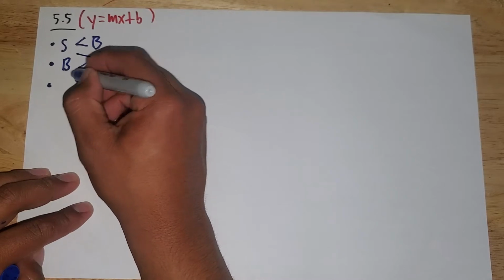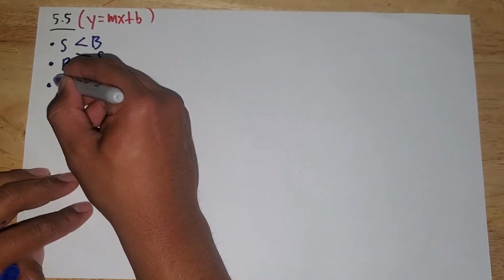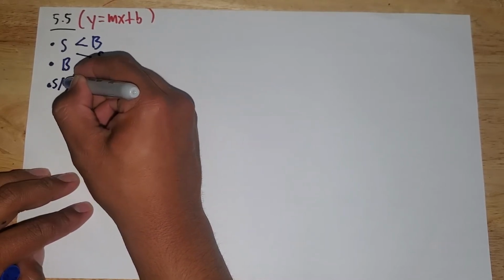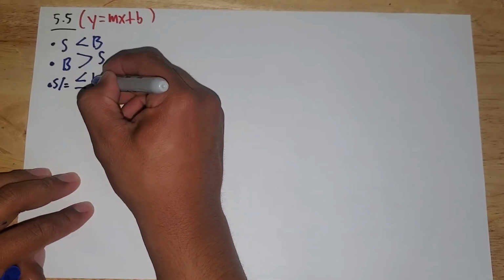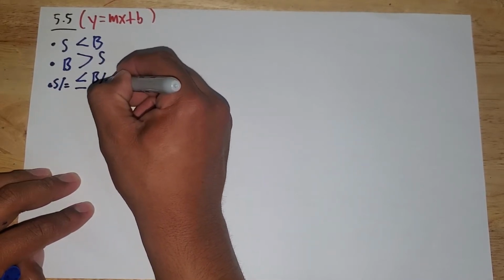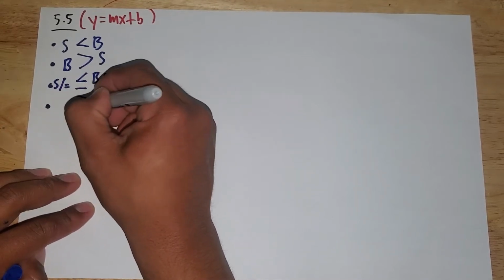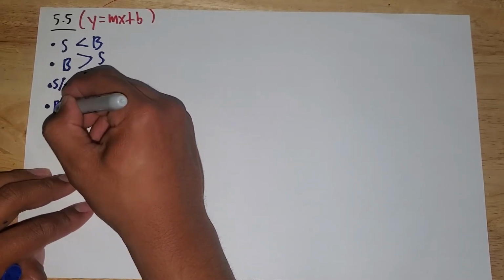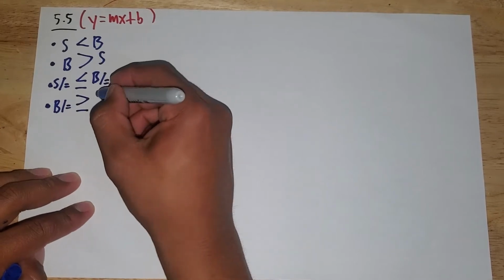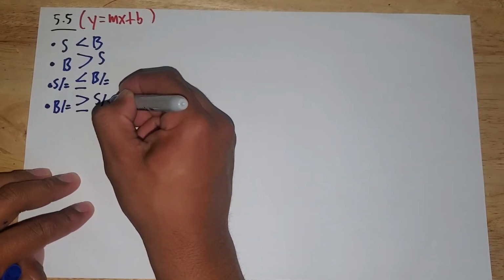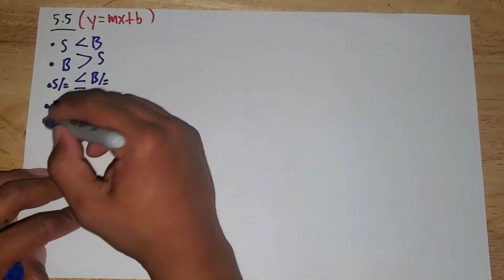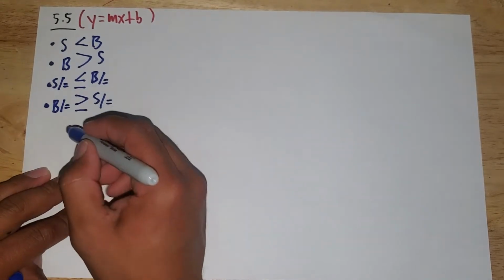For this symbol, this side has to be both smaller and equal to. For this one, it could be bigger or equal to. Similarly, with this symbol, this was either bigger or equal. This side was smaller or equal, meaning they were the exact same number on each side.